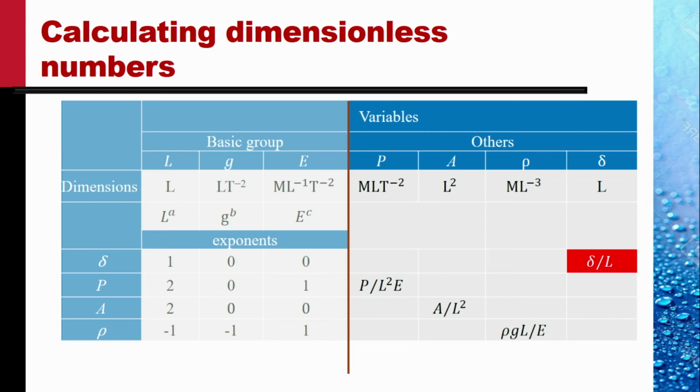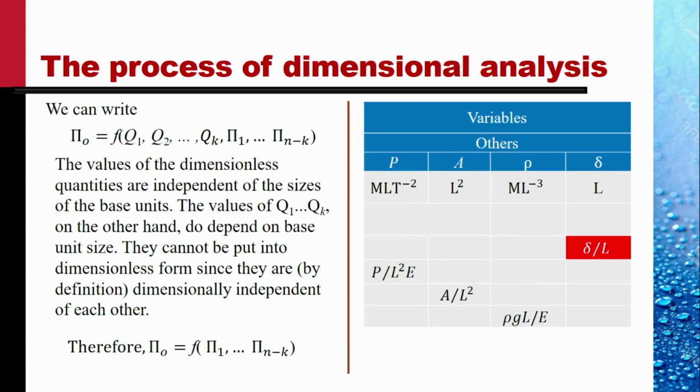And this, then, we can write pi naught, the dependent non-dimensional parameter in terms of the basic group, which in our case is delta by L, as a function of pi 1 to pi n minus k.